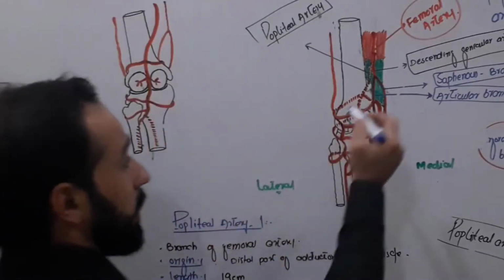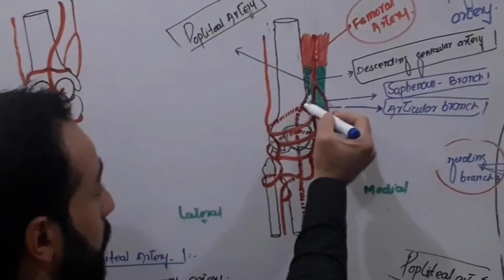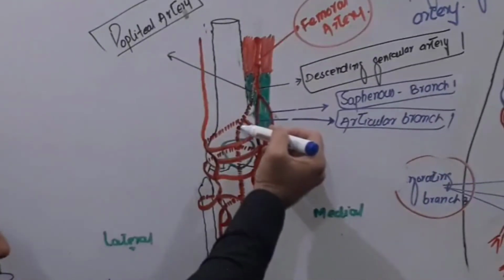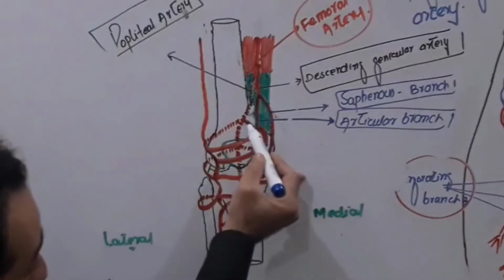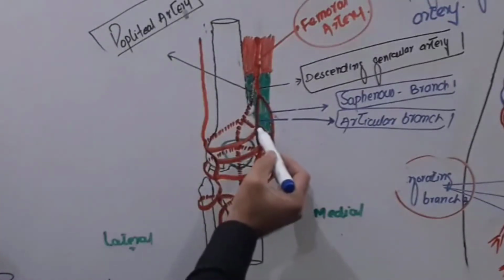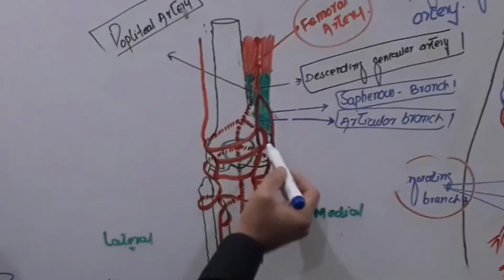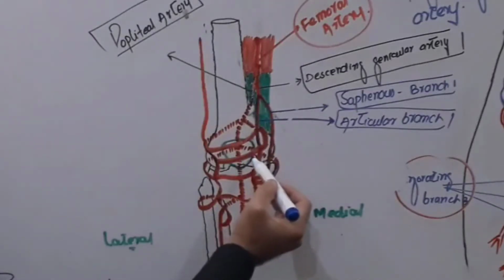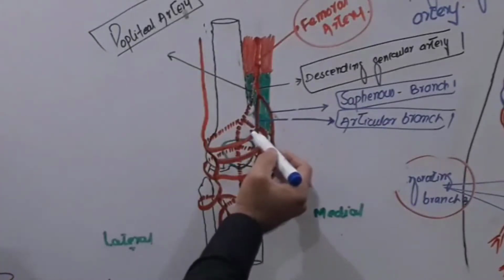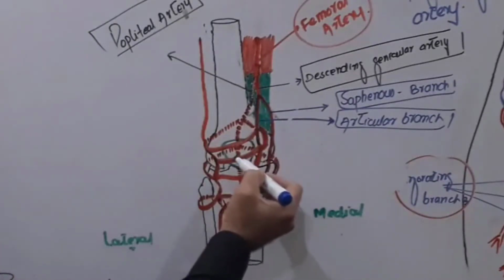As you all know, this popliteal artery is present in the posterior aspect of the knee. Then you can see these branches in a dotted manner. Look, when it comes anteriorly, it becomes darker. So it arises posterior to the knee and comes anterior.